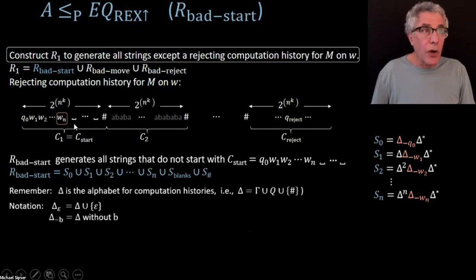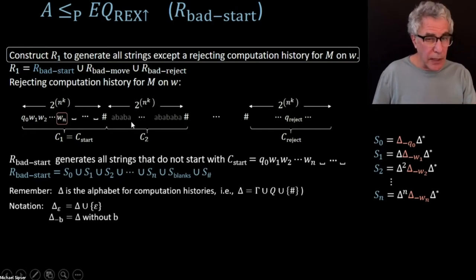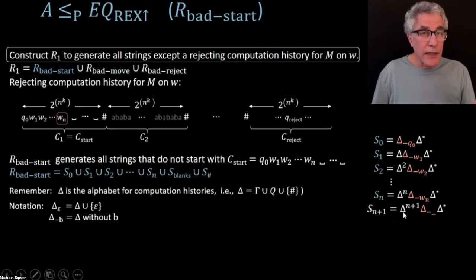And now I have to continue on doing that for the blanks. So if you think with me, let's take a look at how that could go. Now the next symbol, skipping over the n+1 that I've already taken care of, I want to say it's not a blank symbol in this very first location after the input.